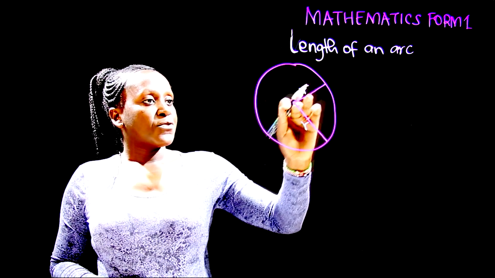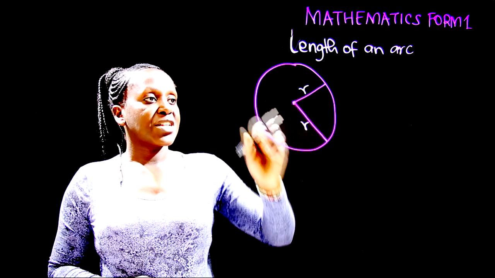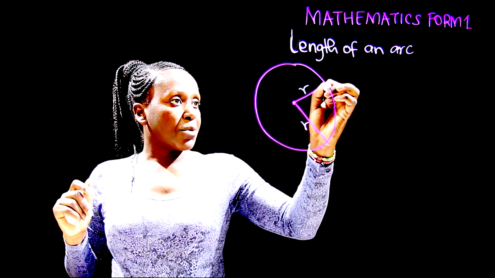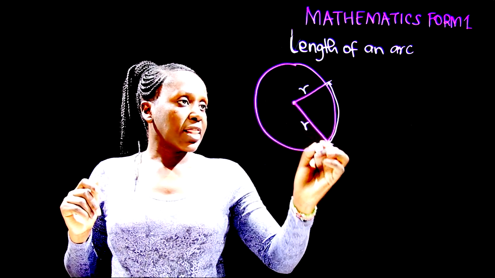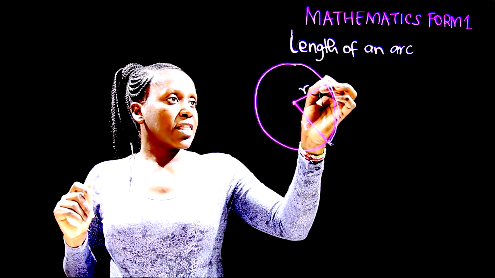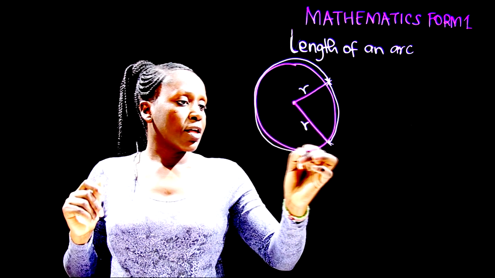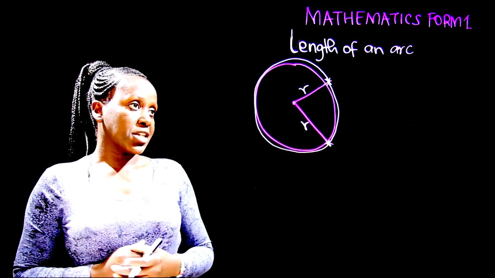So as a result of drawing the two radii, we have divided the circumference of the circle into two. We have a region that begins from here all the way to here, and then we have another length that begins from here all the way to here. We are talking about a part of the circumference.